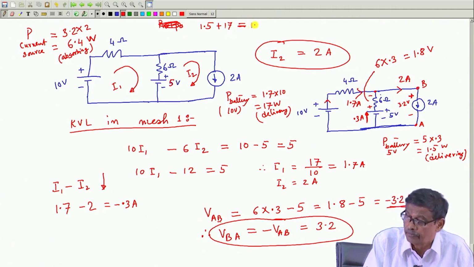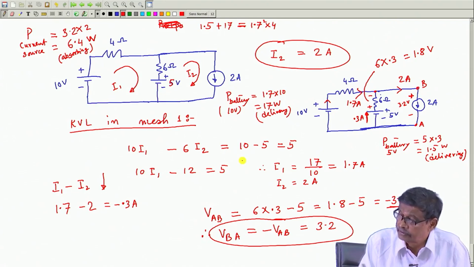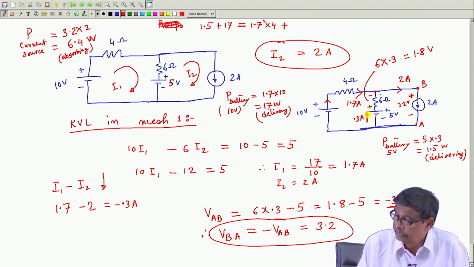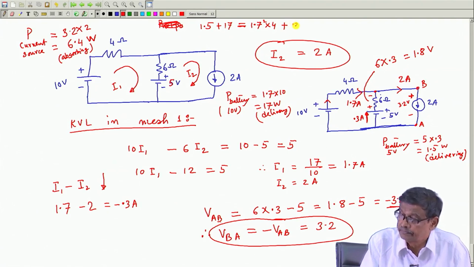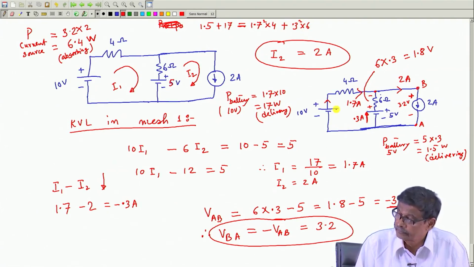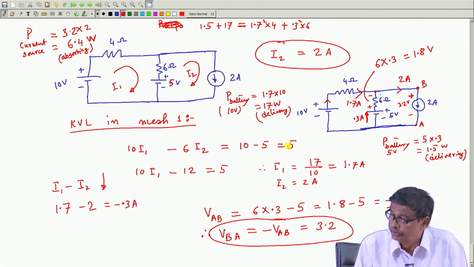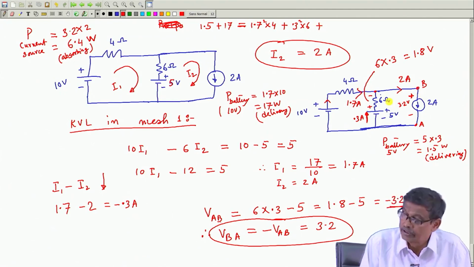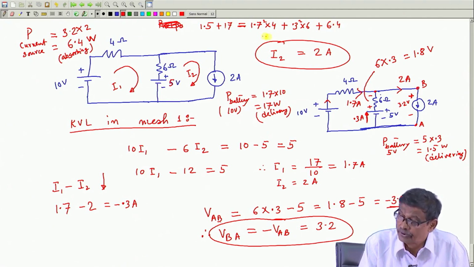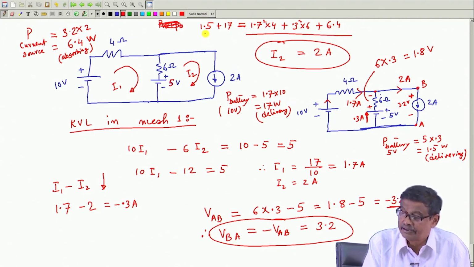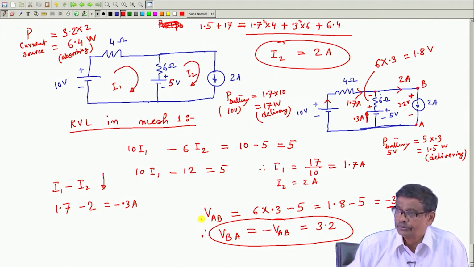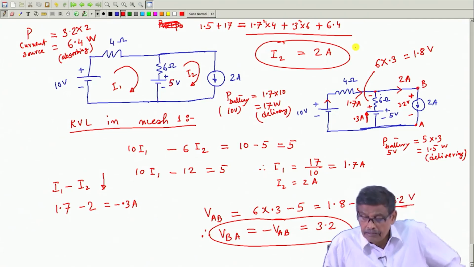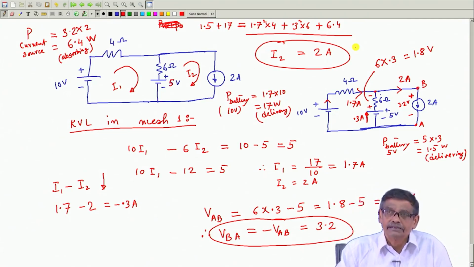Resistances of course, will absorb power always, 1.7 square into 4 plus 0.3 square into 6. These are the two resistances, and plus this current source we have noted, it is also absorbing power. I am not sure whether this comes the same as 18.5 watt, it has to. Okay. So, it once again makes you feel comfortable, everything is in place.